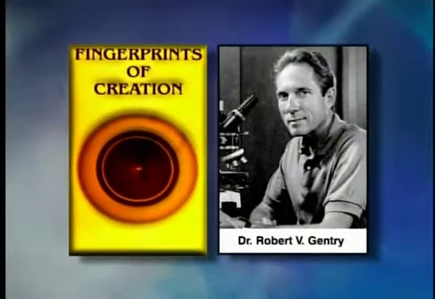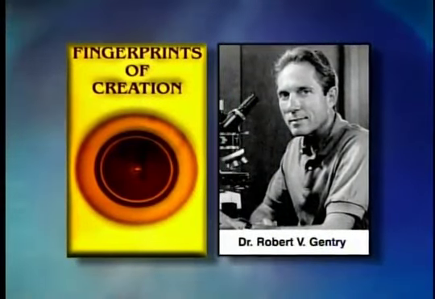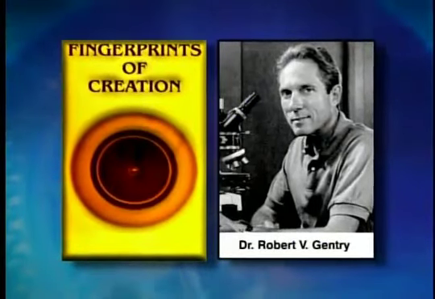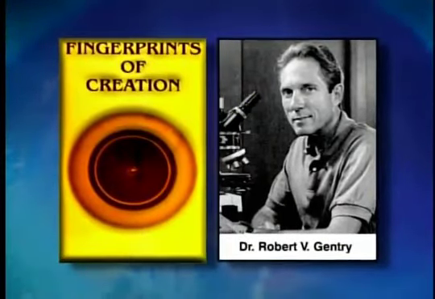That's fascinating. Now, I need to say that the one who did a lot of analysis on it was a fellow by the name of Dr. Robert Gentry. And he believed that this was a signature of God's creative event at creation. And we believe that too, that these were formed at creation. But we now have evidence that this occurred during the Genesis flood as well. And we'll talk about that in the next slide here.